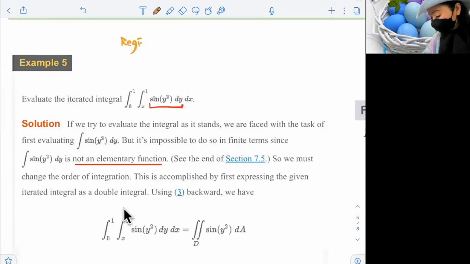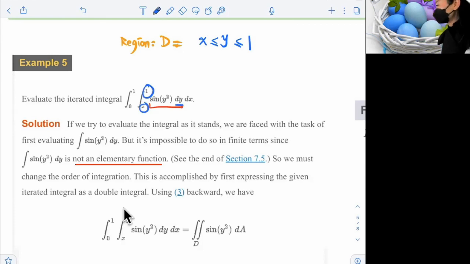You have to think about what that region is in order to change the order of integration, right? So over here, what does it say? It says that y goes from what to what? y goes from x to 1, isn't it? y is between x and 1.